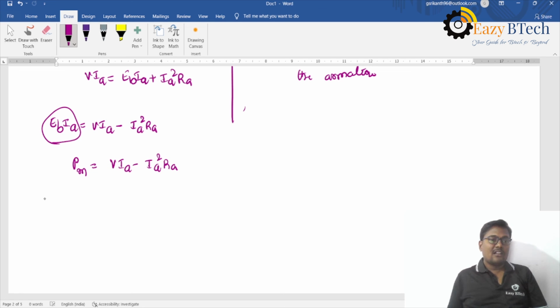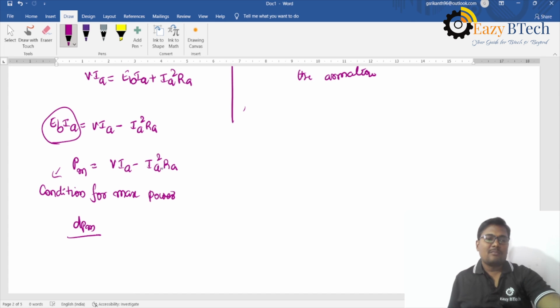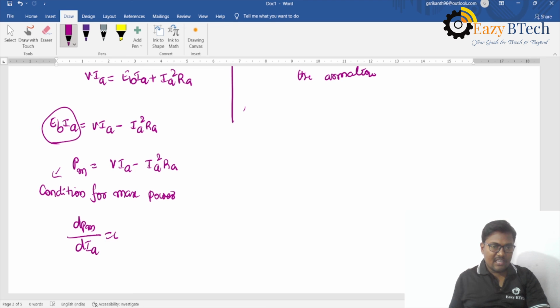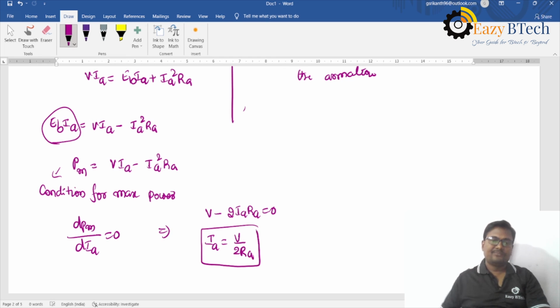The condition for maximum power: differentiate this Pm with respect to the variable. V is constant, Ra is also constant. dPm/dIa = 0, so V - 2 Ia Ra = 0. Then Ia = V/2Ra.